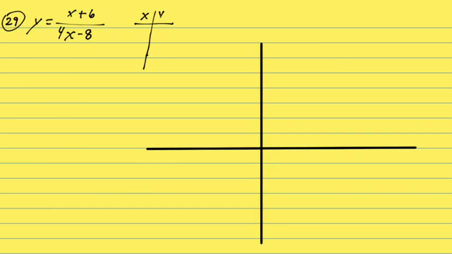What value makes the bottom 0 on this one? I believe it's a 2, because that would make it into 8 minus 8, right? I'm just marking off some in each direction so that I can make my asymptote. So I know I have a vertical asymptote at 2. How do I know it's at 2? Because that's what makes the denominator 0.